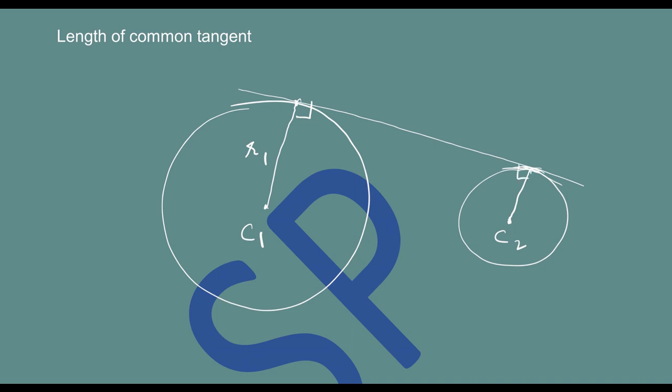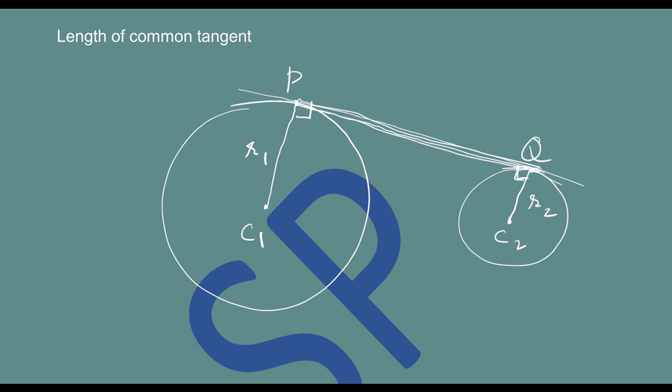If I join the point of contact, it is perpendicular again. Now, if I call the points of contact P and Q, we are going to find this length PQ. This PQ we call the length of the common tangent, in this case the length of the direct common tangent.